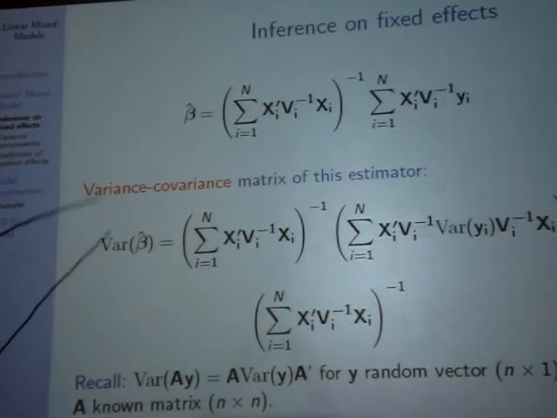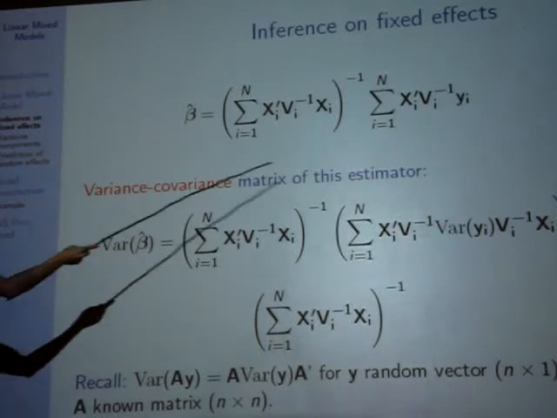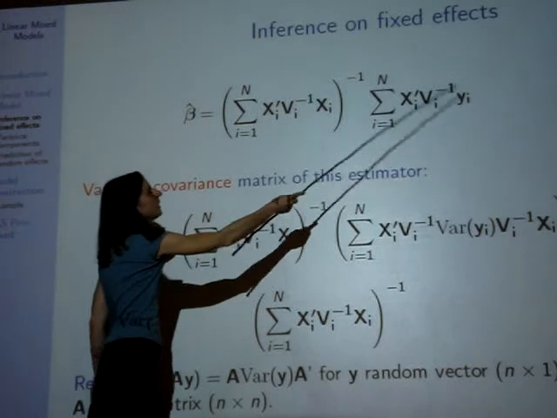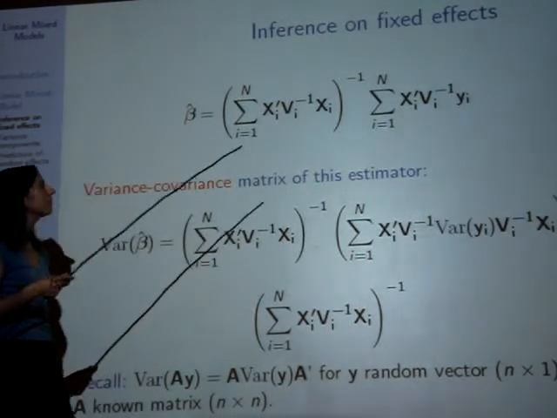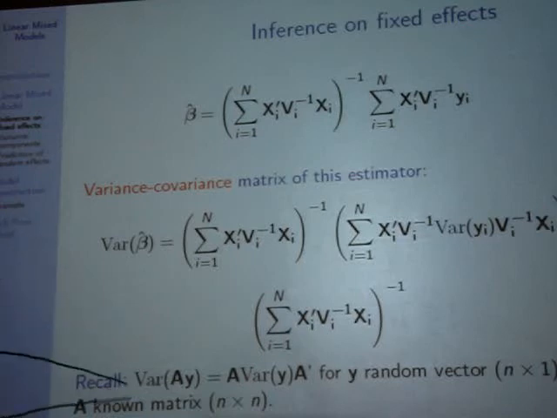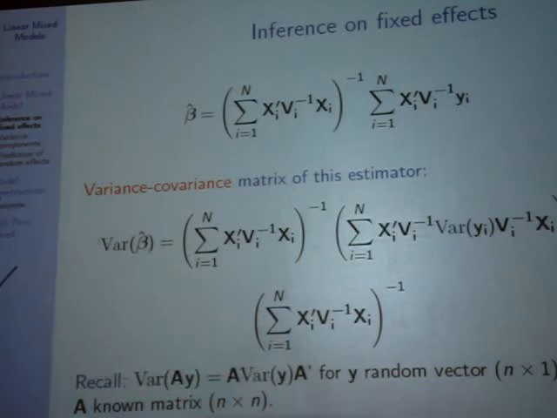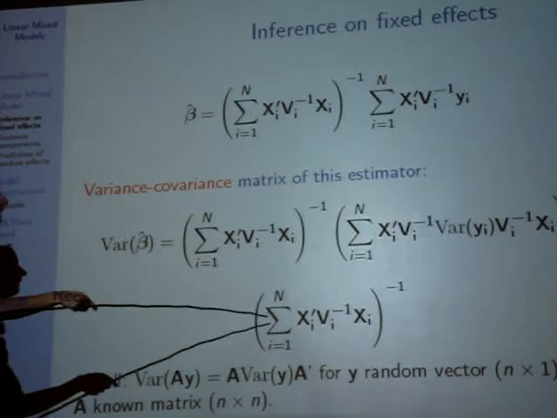Now if you want to calculate the covariance of this estimator, you can see in this expression the only term that is random is yi, the vector of observations. If you use this formula, the variance of Ay, where A is a known matrix and y is a random vector, is equal to A variance of y multiplied by the transpose of A. So the variance of beta hat, the estimates of the fixed effects, can be written like this.